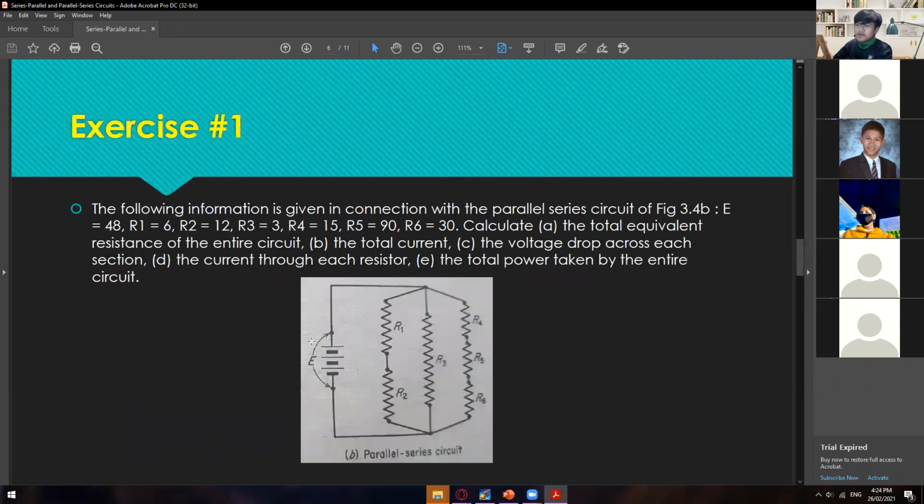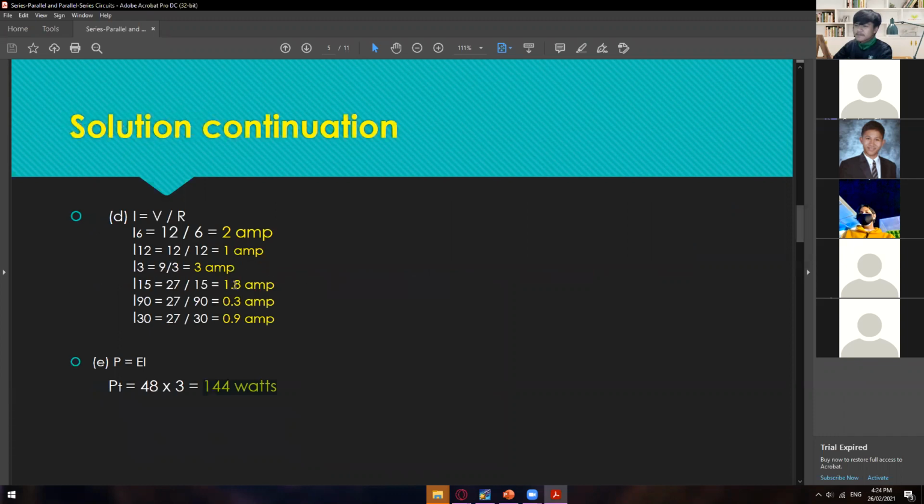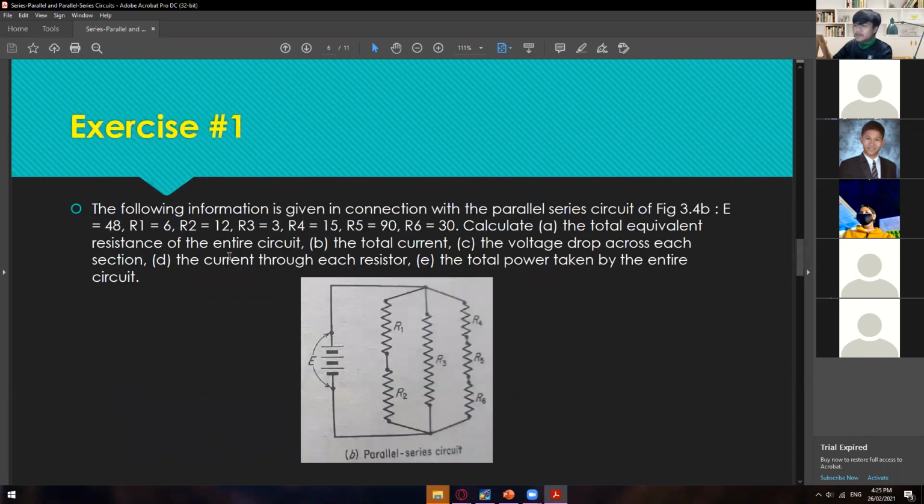Okay, so that's it for the example. I would like you guys to answer this one also. You have your assignment number 1 already, and I'm giving this one as your exercise number 1. So here's the circuit. We have here the values of your E up to R6, and the questions, which I think are the same as the past example.